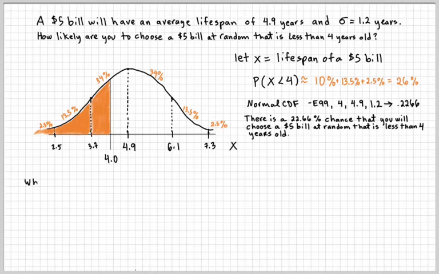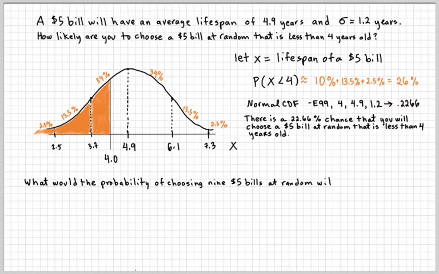Okay, let's move on. Now let's do a sampling distribution type problem. What would be the probability of choosing 9 $5 bills at random with an average age of greater than 4.6 years old? Okay. So you have to think a little bit differently about these sampling distribution problems.